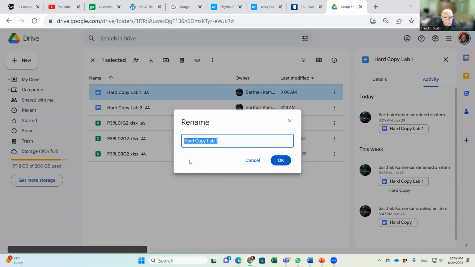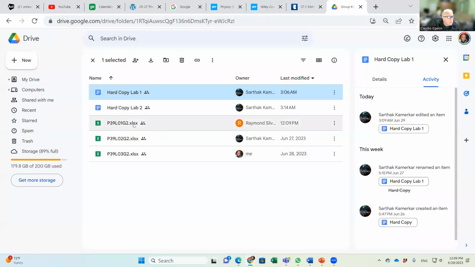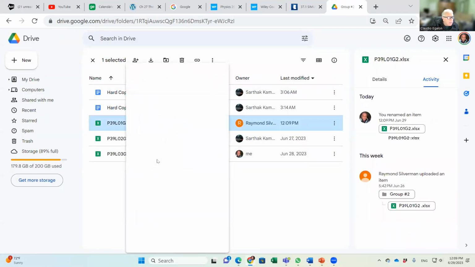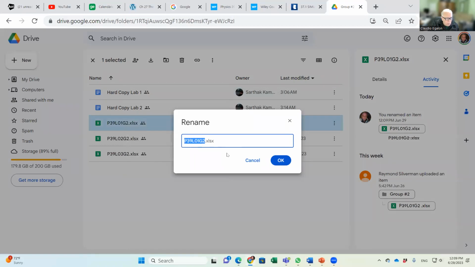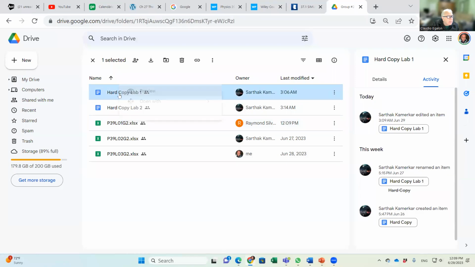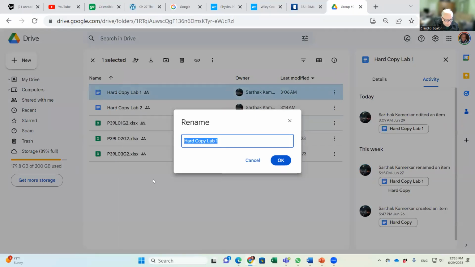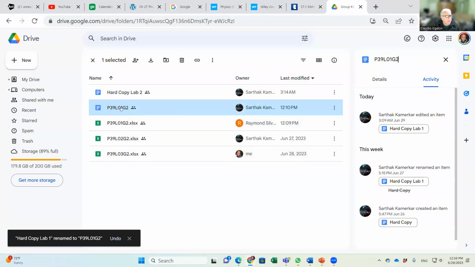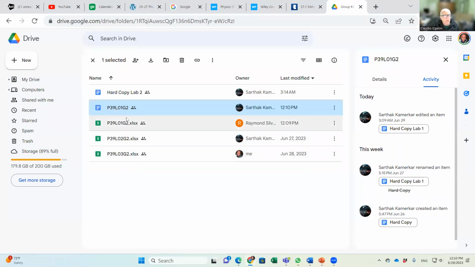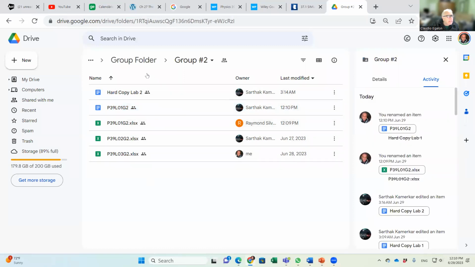Oh, no. Cancel, let's do that again. Rename it. Yeah, it's okay to keep two different documents with the same title because they have different extensions. So make sure you use this format here, everybody, please.